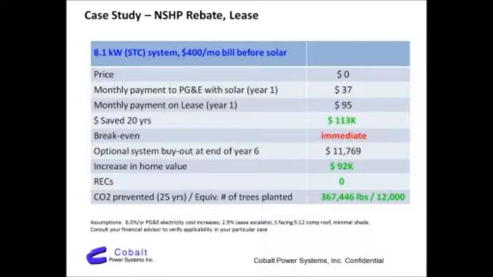And so after year 6, they're willing to let it go because they can't write it off. They've written off 100% of it. So let's say that RECs all of a sudden become very valuable in California. You have the legal right to buy your system in year 6, and that's how much it'll cost you. So this is the only lease I know of that gives you an off-ramp at the end of year 6.